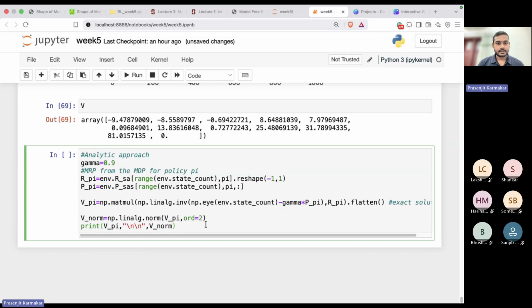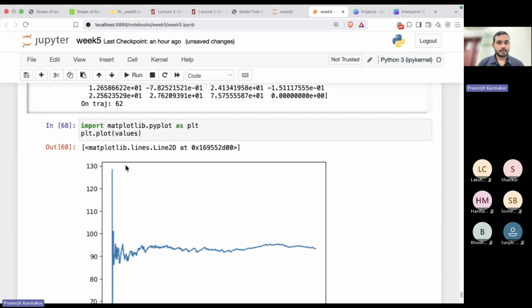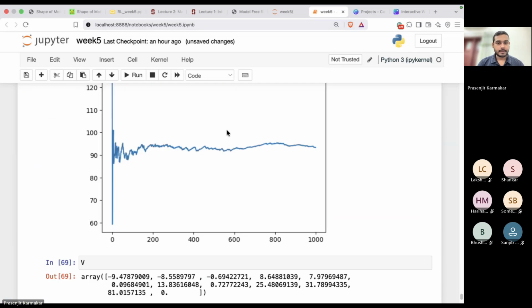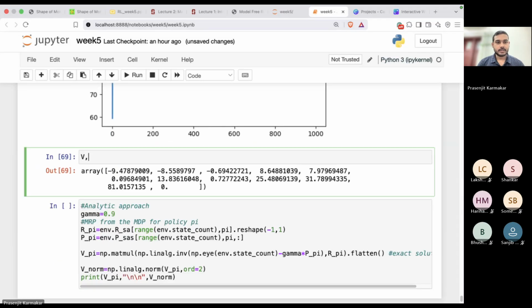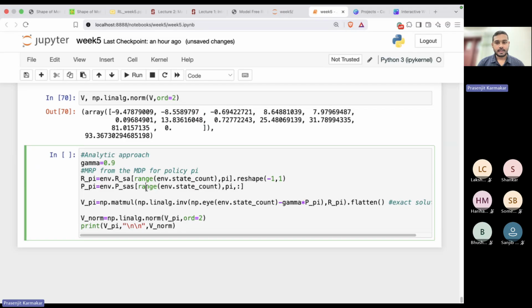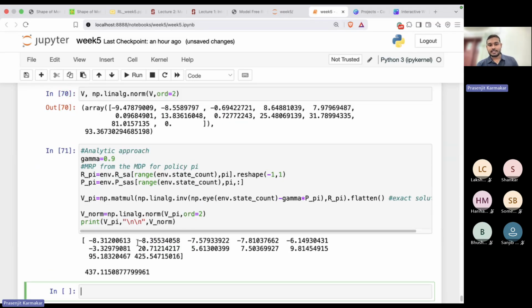It has some norm also, so we print the norm. This is our estimated value function and its norm, and this is my actual value function and norm. You see, it's a little bit bigger. That's okay, but that's mostly because of the last state.